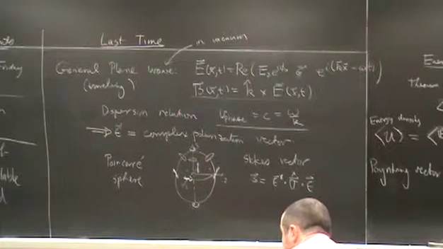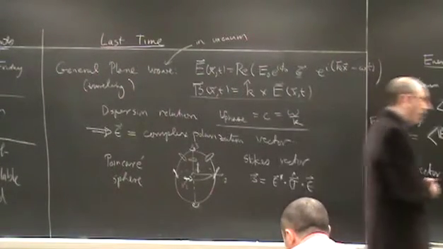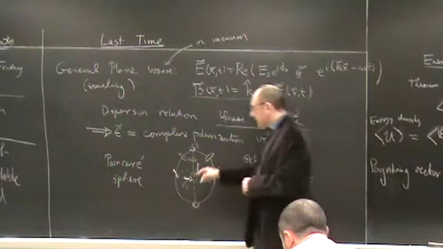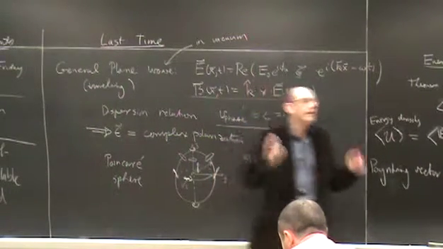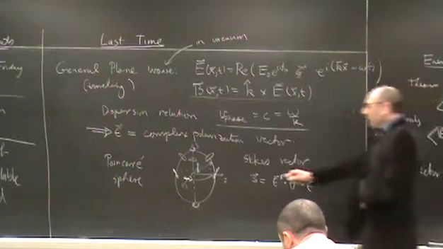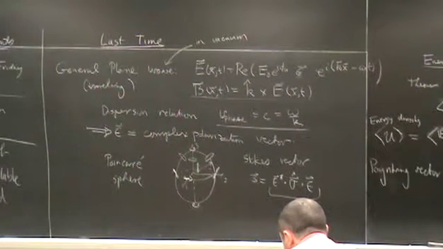Another way to represent the state of polarization is through what's called the Stokes vector, which is basically the point on the sphere. Since we're talking about pure polarization, it's a unit vector. One way to write those components is borrowing the language that we may be familiar with in quantum mechanics.